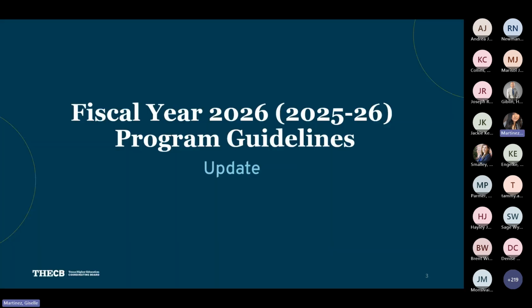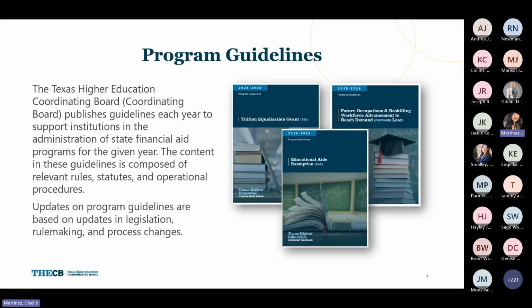All right, so let's talk about program guidelines. Each year, the Student Financial Aid Programs Division at the Coordinating Board publishes guidelines to support institutions in the administration of state financial aid programs. These resource documents can be found on our SFAP webpage under the applicable program.